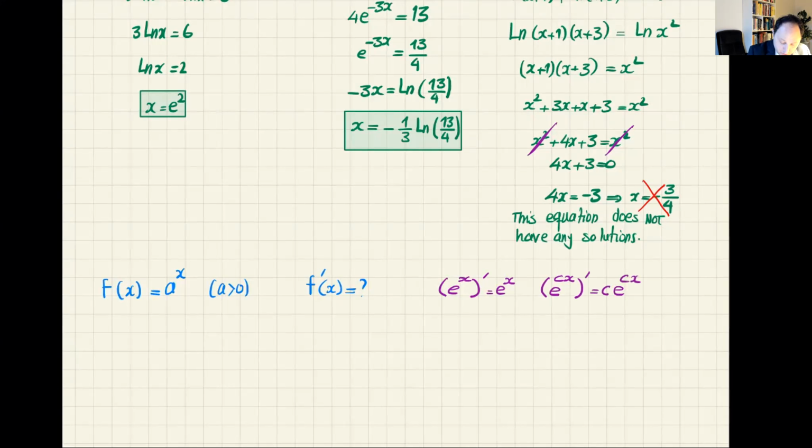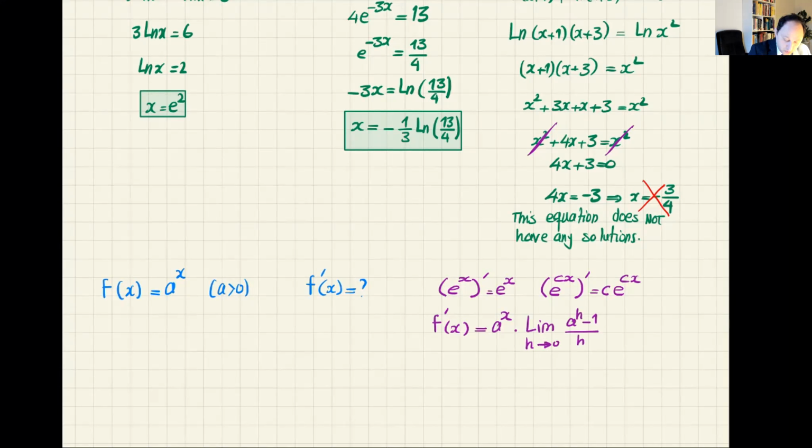Another thing that we know from the first session of this series of lectures, we know that f prime of x, do you remember, is a to power x multiplied by a limit. The limit was of this form. So if you go and watch the videos or you look back at your notes, we had this so far.